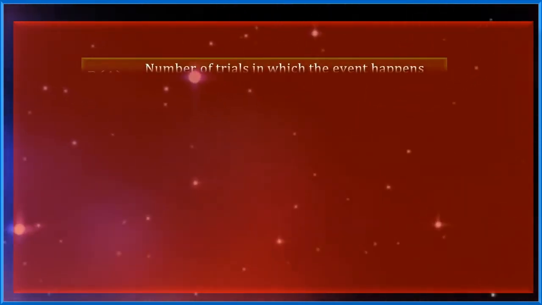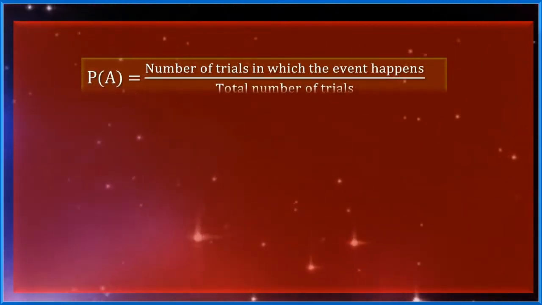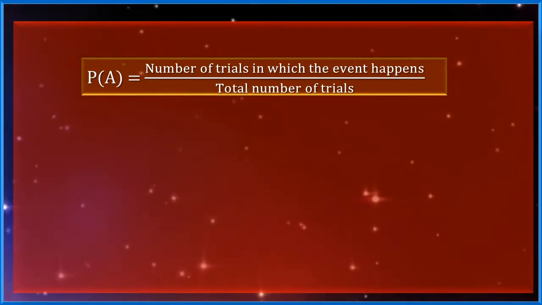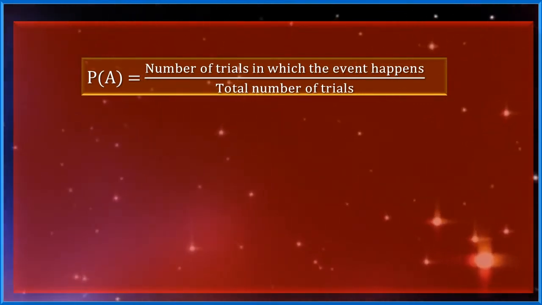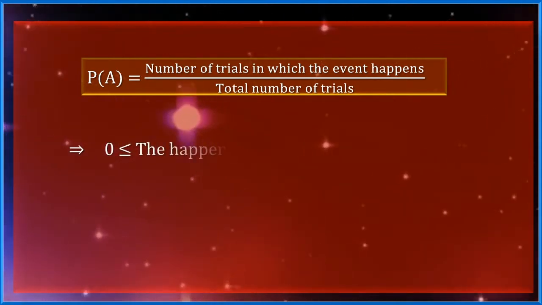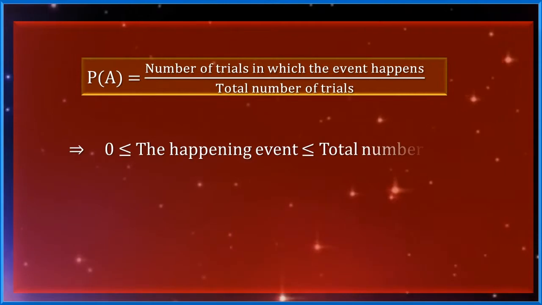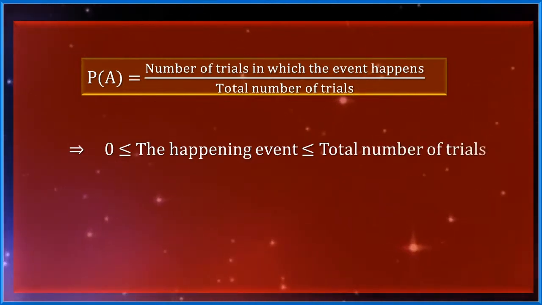That is, P(A) equals the number of trials in which the event happens divided by the total number of trials. So from this it is clear that the number of times the event happens is greater than or equal to 0, and also less than or equal to the total number of trials.